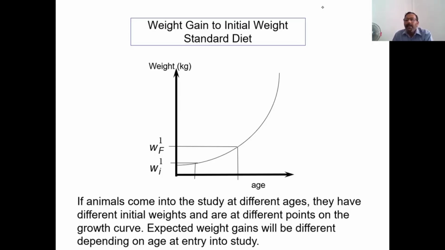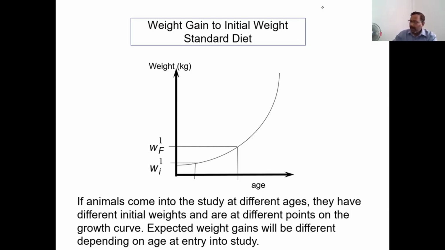The weight is now WF. This is the initial weight, don't forget. Now, what is the weight gain for this particular difference? It's actually this, weight gain can be said Wi minus WF, right?